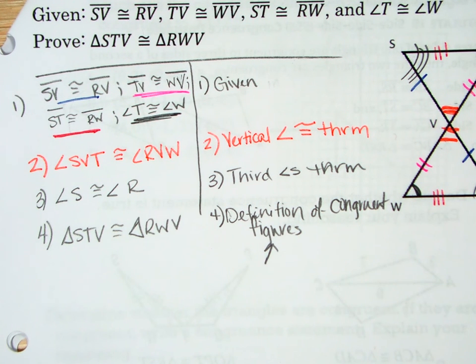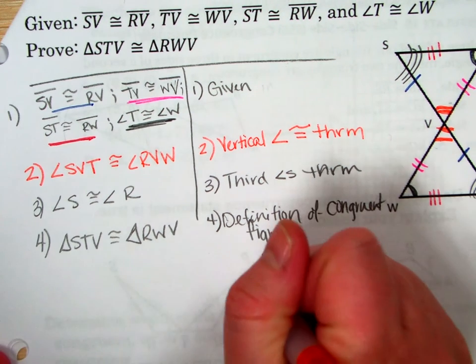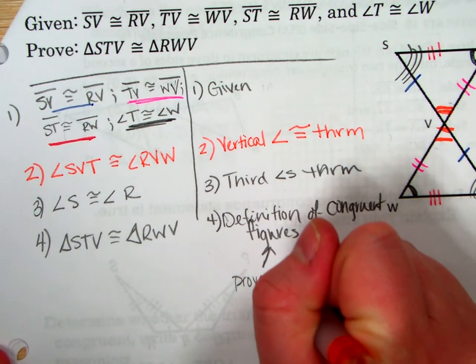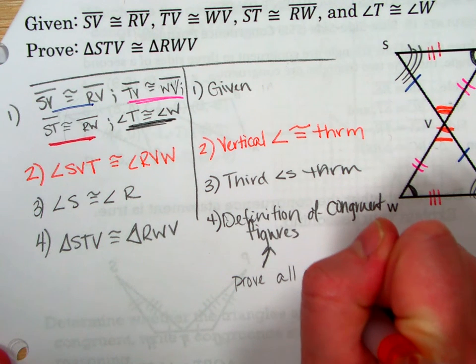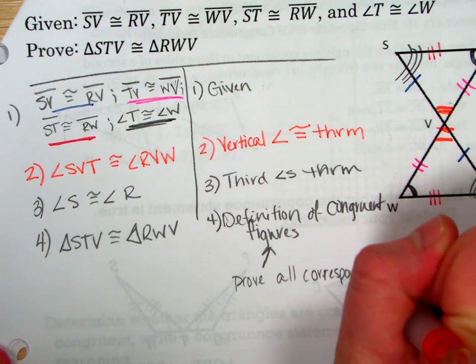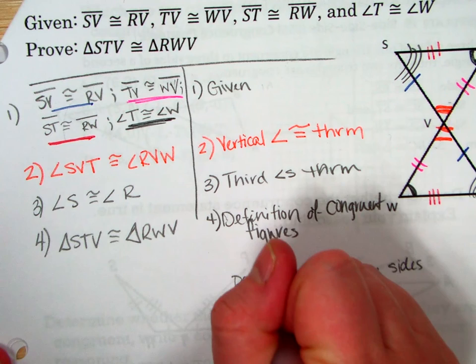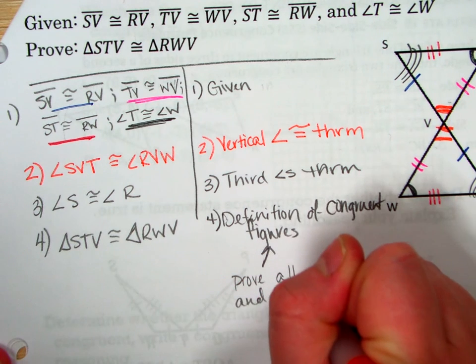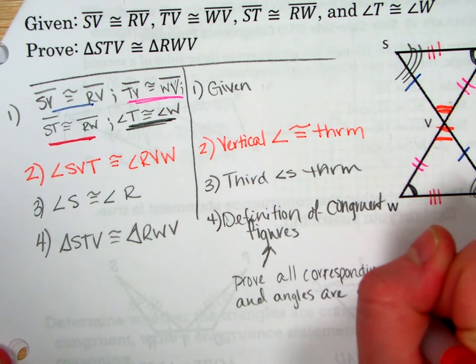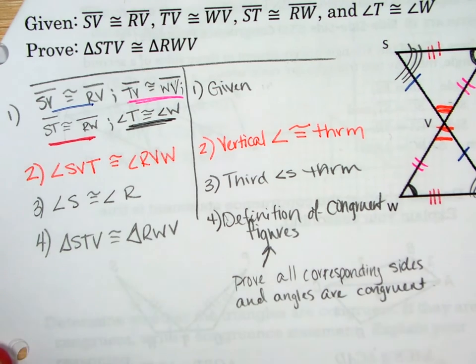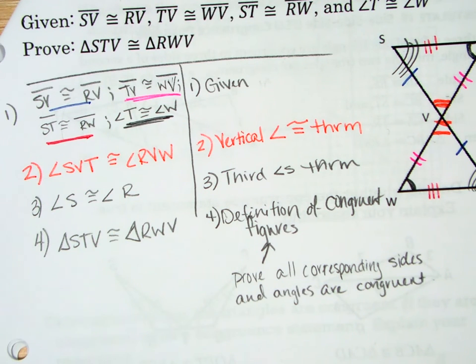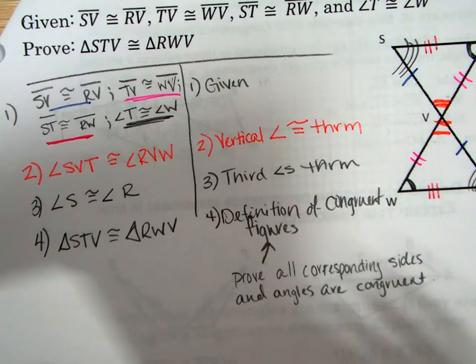So, definition of congruent figures: prove all corresponding sides and angles are congruent. I apologize for my lack of remembrance on that, because I wanted to say it in a whole different way and just say corresponding parts of congruent triangles are congruent, but that's CPCTC and we're not there yet.